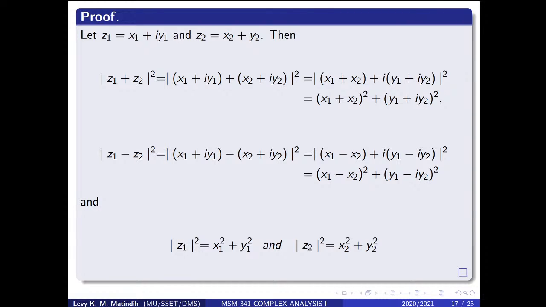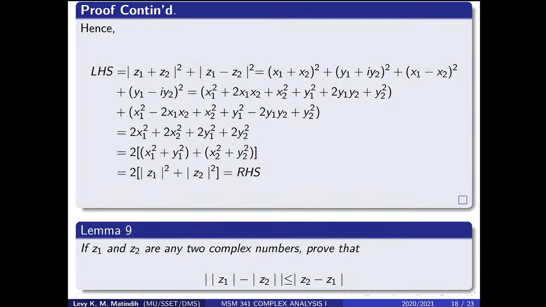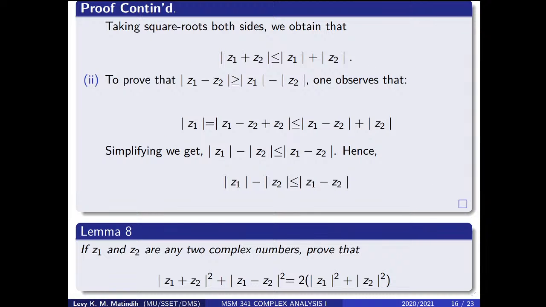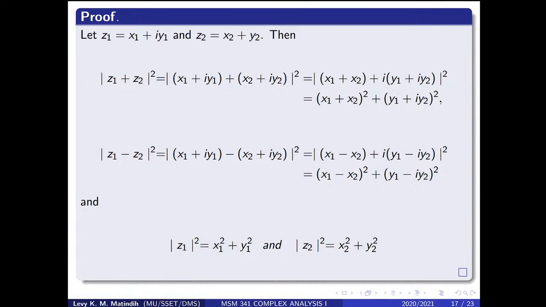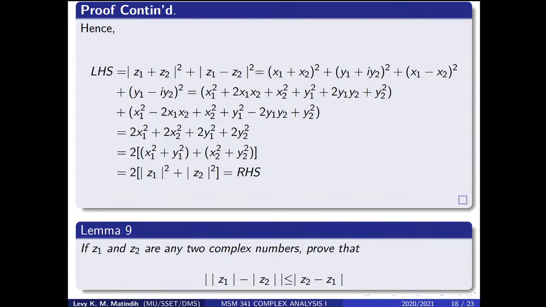Now from these three parts that you have seen here, we start from the left hand side of this lemma, lemma number 8. From the left hand side, what we are going to have is the square of the modulus of z1 plus z2 plus the square of the modulus of z1 minus z2.